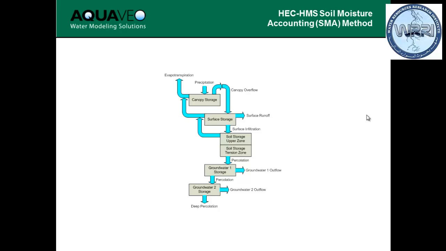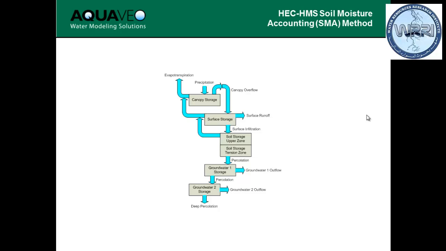HMS uses something called the soil moisture accounting, or SMA, method for long-term simulation. So this is the method you're going to use, and this is a picture of the different layers. We're starting at the very top, the ground level, and you're looking at canopy storage and surface storage.